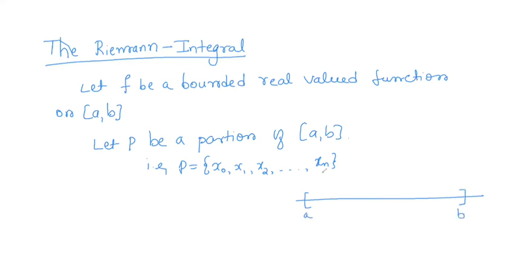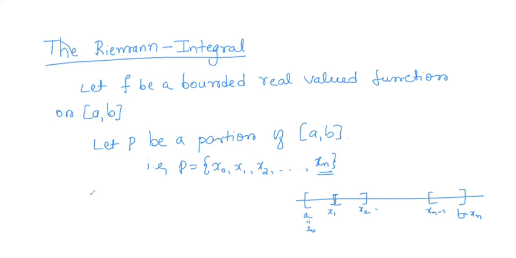If a partition contains n plus 1 points, then the interval is divided into n subintervals, namely x0 to x1, x1 to x2, and so on, xn minus 1 to xn, which is nothing but b.